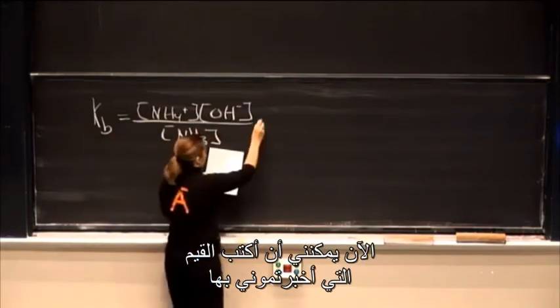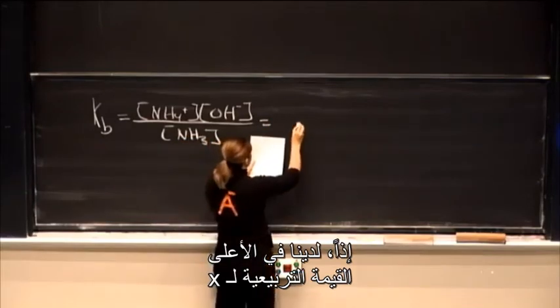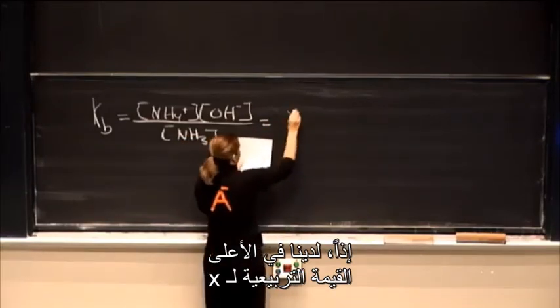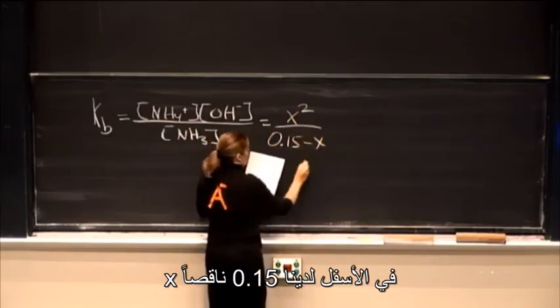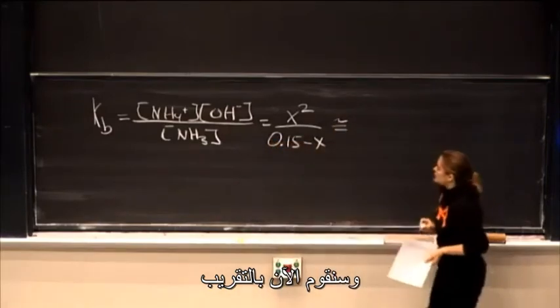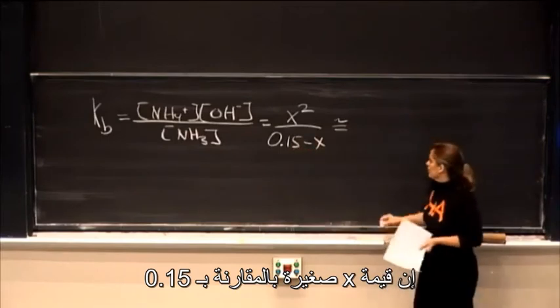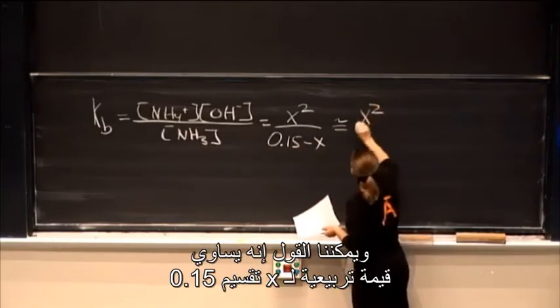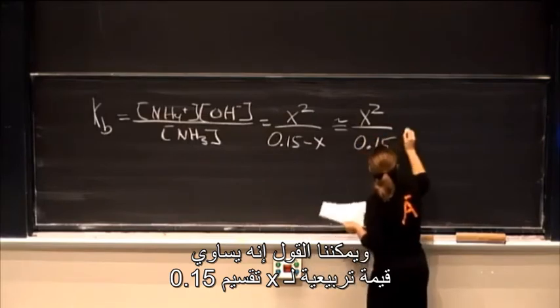Now I can fill in the values that you told me. On the top, we're going to have x squared. On the bottom, we're going to have 0.15 minus x. Now we can make an approximation here that x is going to be small compared to 0.15, so that's just x squared over 0.15.